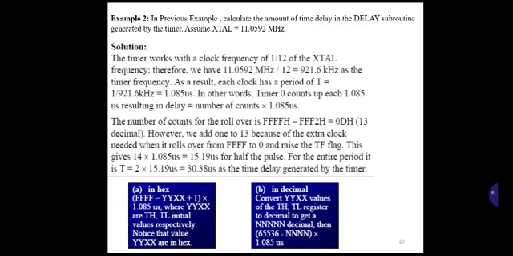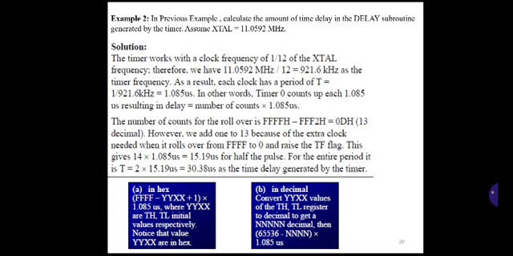As a result, each clock has a period T equal to 1 upon 921.6 kilohertz, which gives 1.085 microseconds. So the time required for one clock cycle is 1.085 microseconds.